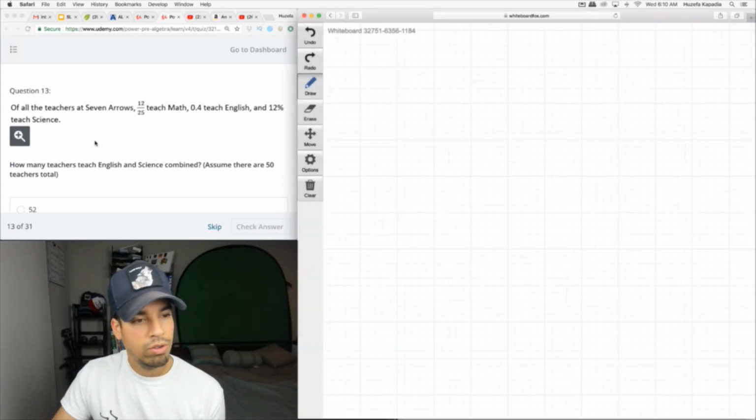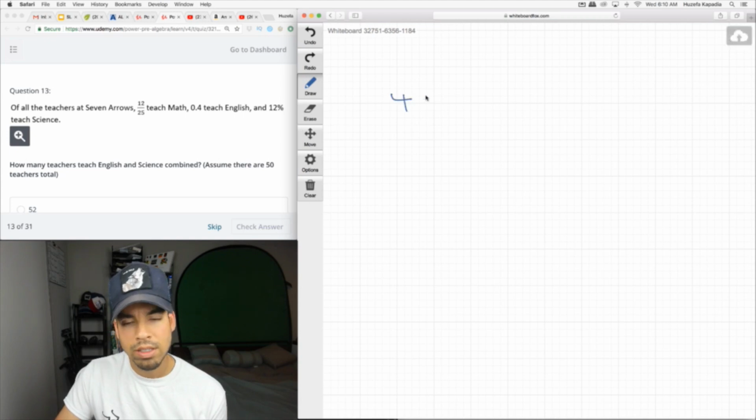Let's move on to question 13. Of all the teachers at Seven Arrows, 12/25 teach math. Same idea. How many teachers teach English and science combined? So 48% teach math, right? And of the other two, 52% teach English and science. It's the remainder. So we take 0.52 times that total number of 50, and we do the same thing.